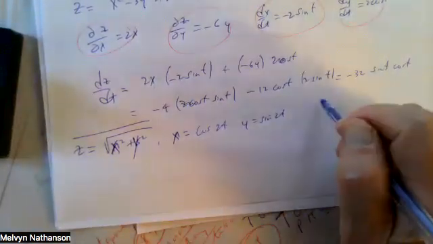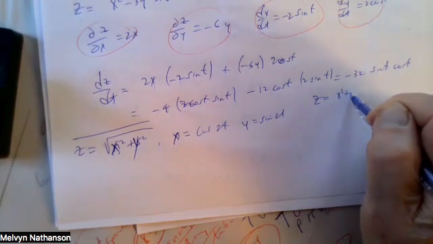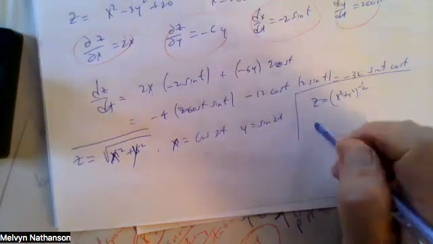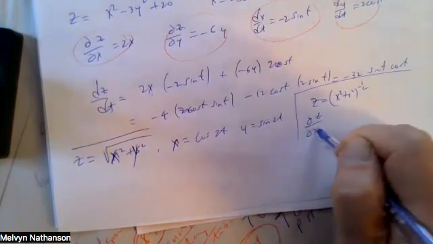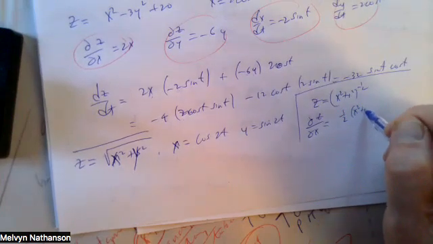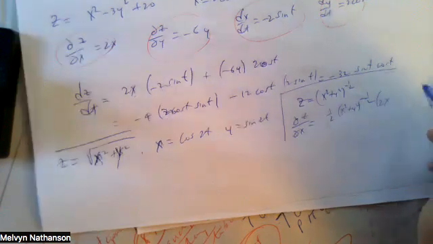z is the square root of x squared plus y squared. So z is x squared plus y squared to the 1/2. Partial of z with respect to x is 1/2 x squared plus y squared to the minus 1/2 times 2x.